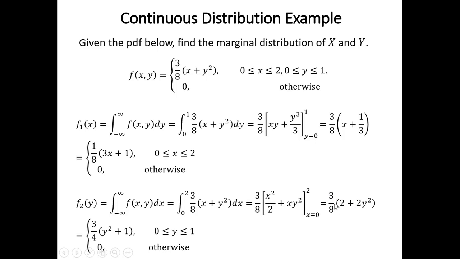So this becomes 3/4, and we end up with y squared plus 1, where y is between 0 and 1. So again, these are the marginal PDFs. They satisfy properties of a probability distribution, and they play an extremely important role in this chapter.